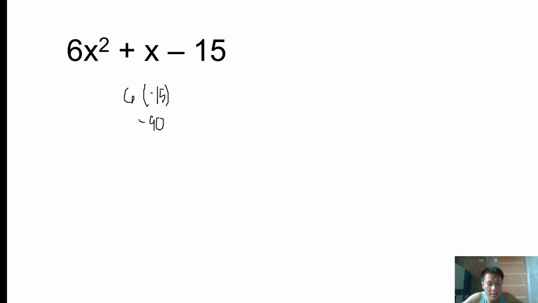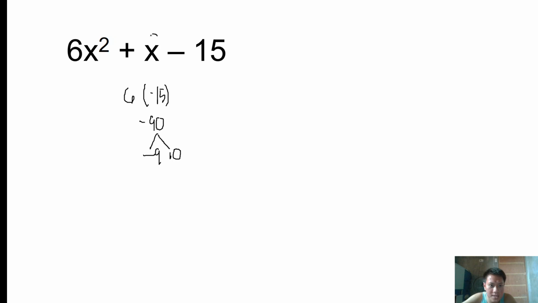Okay, negative 90, isip tayo ng dalawang number na kapag multiply ay negative 90, kapag inadd natin ay positive 1. So that's negative 9 and 10. Because negative 9 times 10 is negative 90. Negative 9 plus 10 is positive 1.